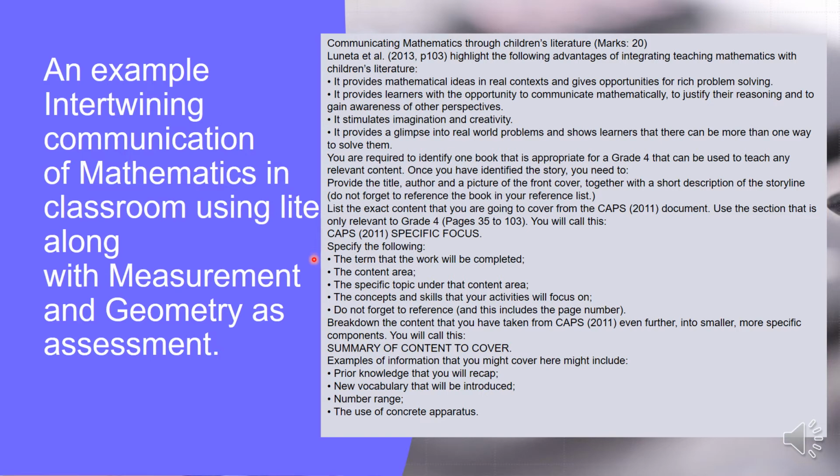Specificity is the following: the term in which the work will be completed, the content area, the specific topic under the content area, and the concepts and skills that your activity will focus on. Do not forget to reference and include the page numbers.